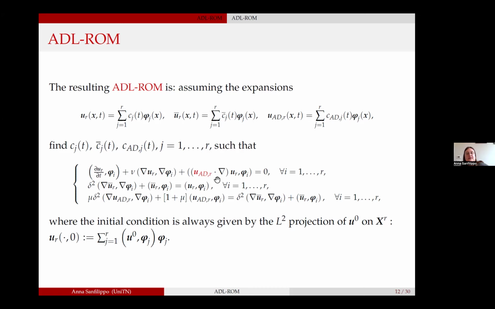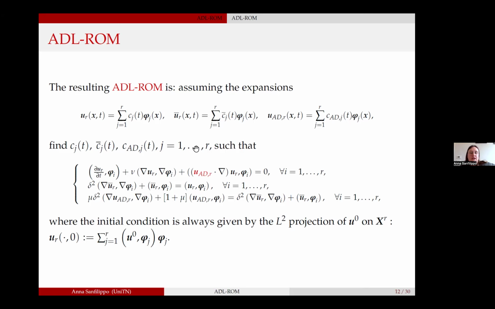So instead of the classical reduced velocity or the filtered velocity as in L-ROM, we will use the approximate deconvolved velocity, UAD. This is written for Navier-Stokes, but for Van Sitter, it only changes the last row, in which we will use Richardson instead of this linear system, but it's basically the same.